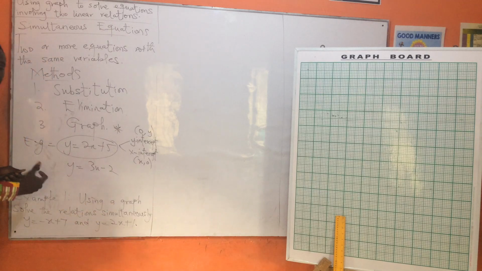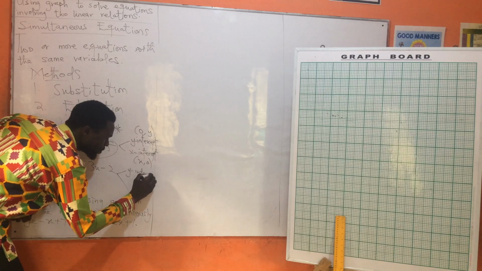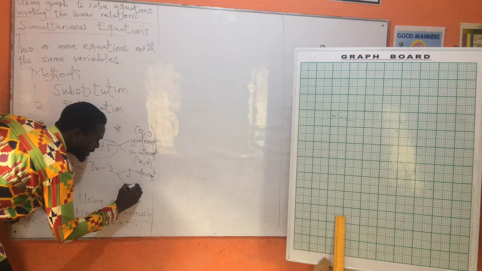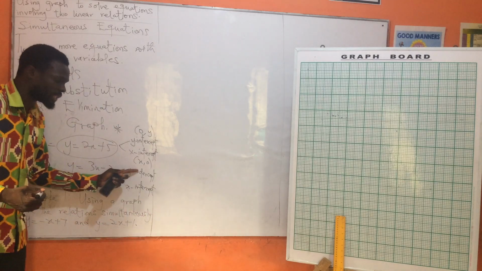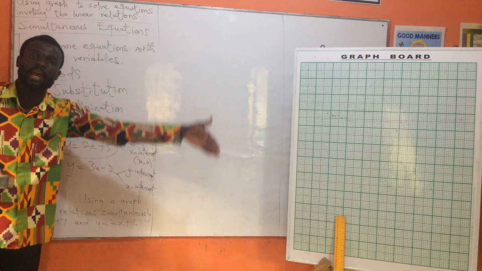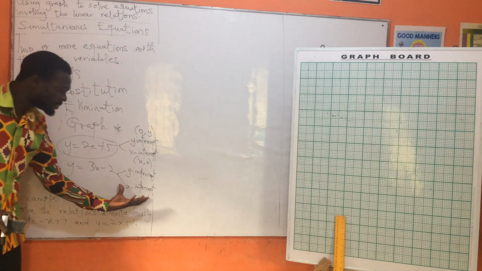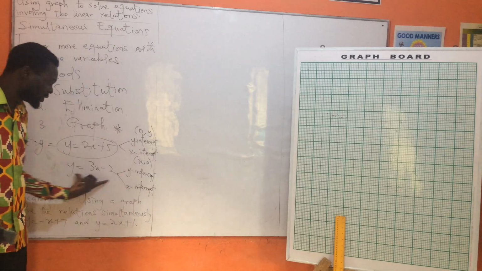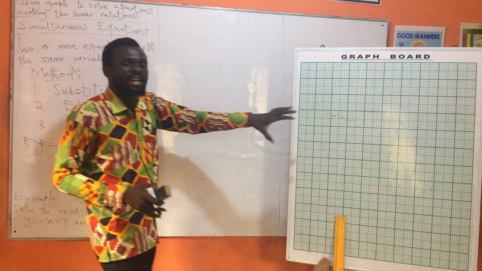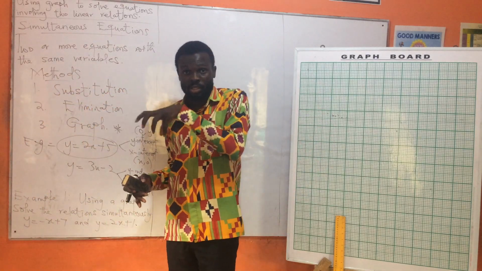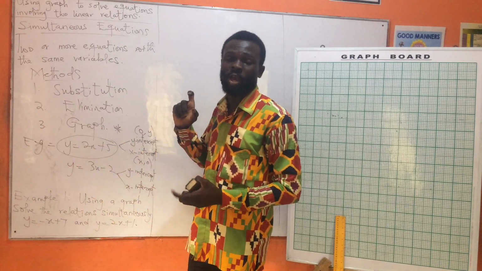Then with this other relation, I also need the same thing, my y-intercept and my x-intercept. The y-intercept is when x is 0, but you will get a different point. For the x-intercept for this relation, y is 0. So before we can use the graph to solve equations simultaneously, we need 2 points from each of the equations.